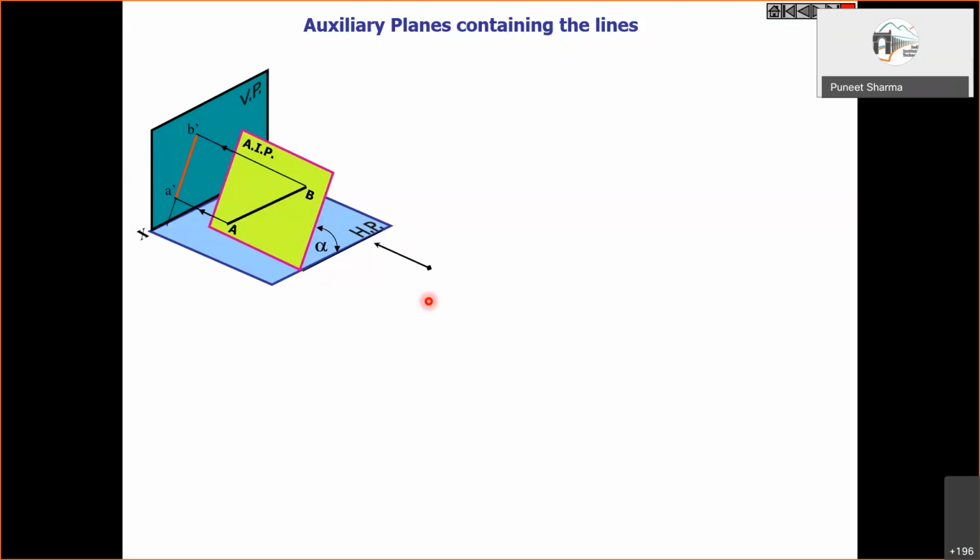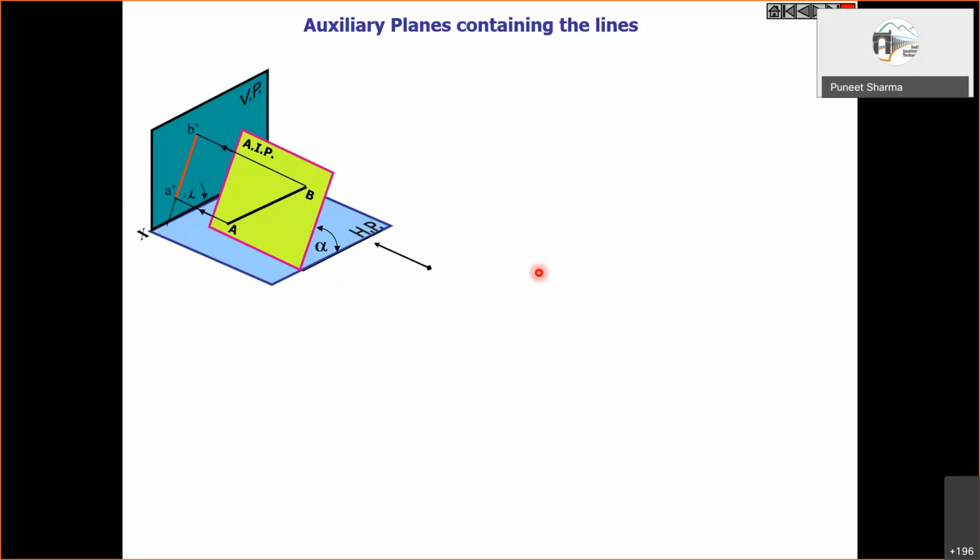Because we are looking from this side, perpendicular to the vertical plane, and the auxiliary inclined plane is also perpendicular to the vertical plane. So when projected on the vertical plane, it will look like a line. And that line will of course be coincident with this A dash B dash, the front view of the line which is included within this auxiliary inclined plane. Fine.